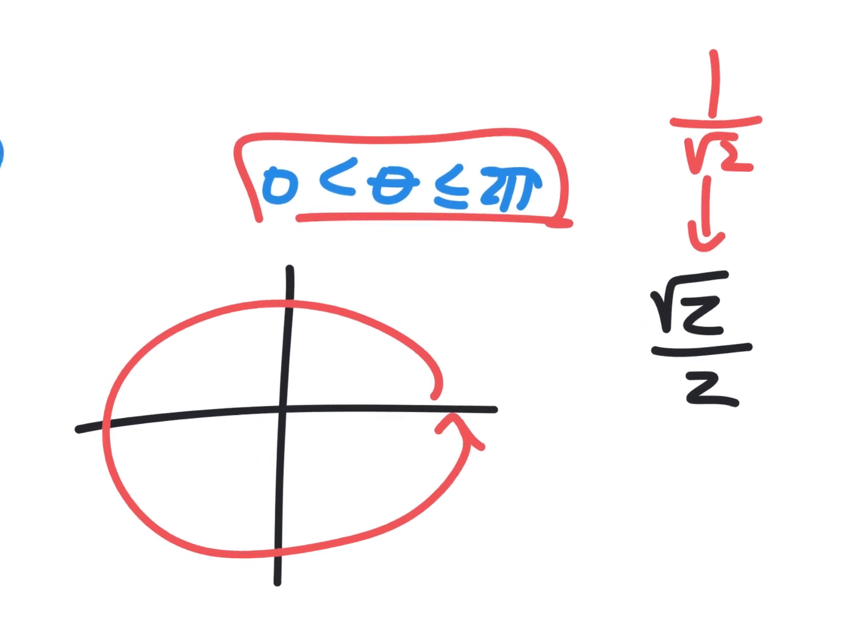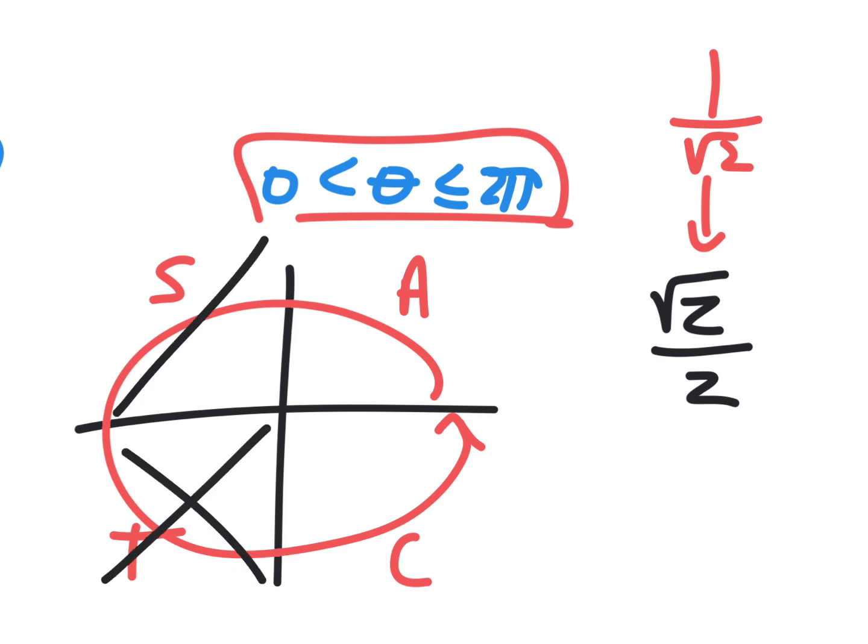And so then I go make my little thing and say A, S, T, C. Why would I say that? Because I know it has to be positive. Cosine of this thing is positive, which means I can't be here and I can't be here because cosine wouldn't be positive there. Now I've got it down to 2 places where you can draw a triangle and you can label it with these sides because that'll be a lot easier.